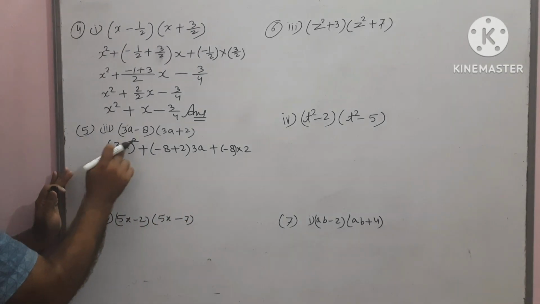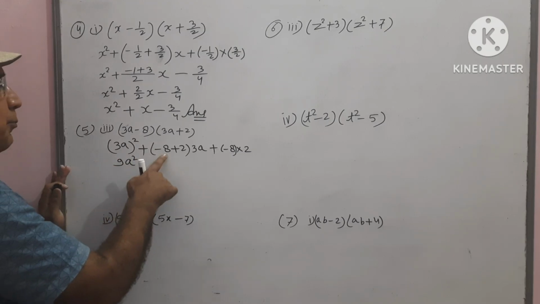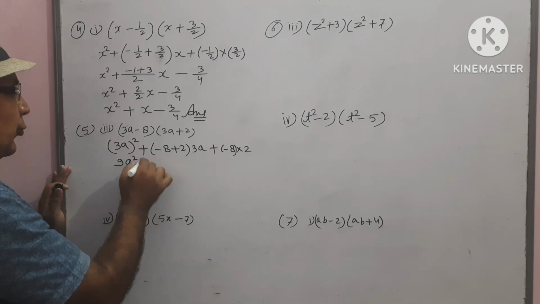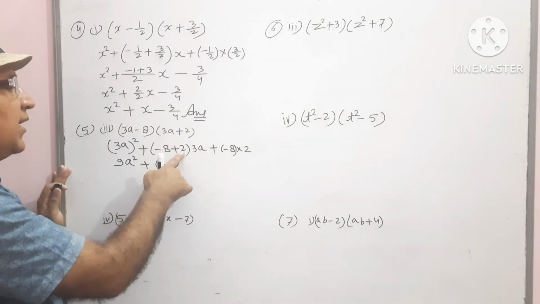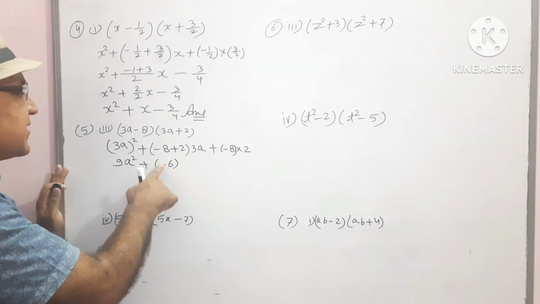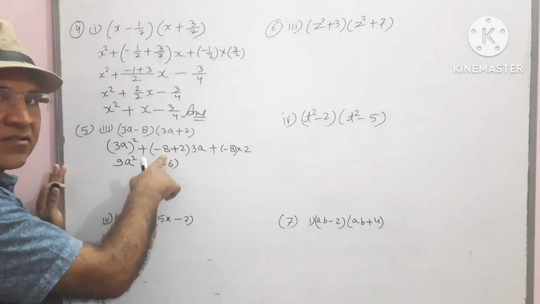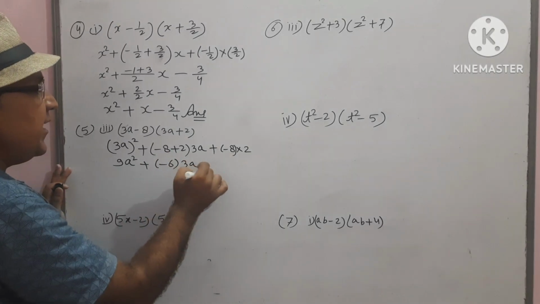Now calculate it. 3 square is 9. a square minus 8 plus 2 becomes minus 6, because one is negative, one is positive, then subtraction will take place and sign will be taken from the larger face value number. Okay, this is 3a.